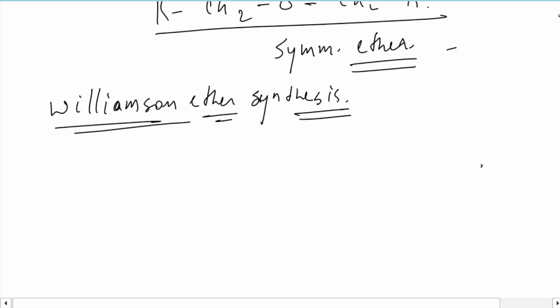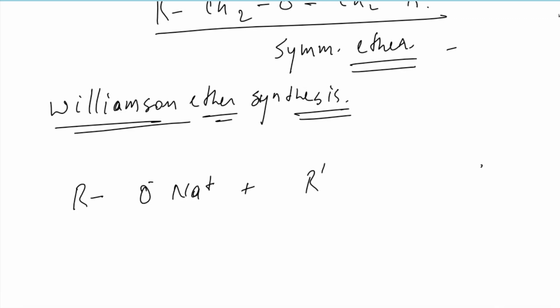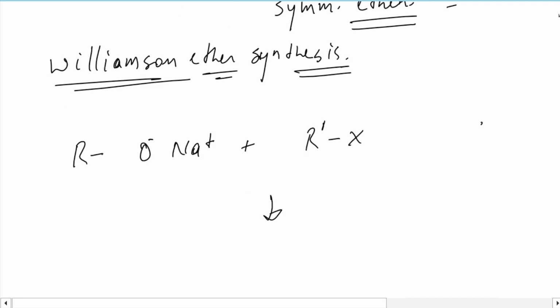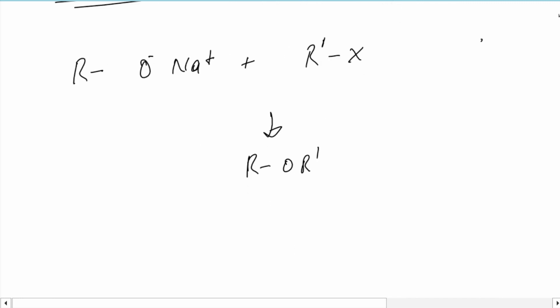Let's come to Williamson ether synthesis first. That's RO- Na+ plus R'X gives rise to ROR'. So it is used to prepare unsymmetrical ethers.